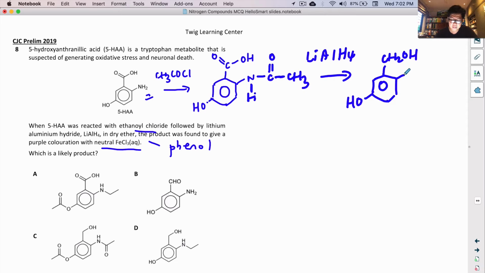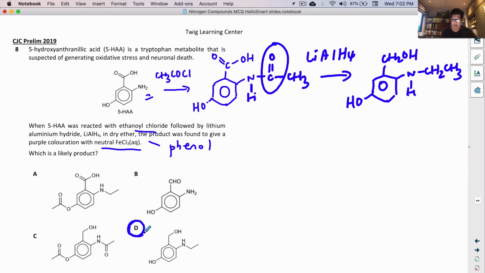And this amide will become an amine, so it will look like that. If you remember, this C double bond O will become CH2, and so CH3. So this is what it should look like. So where's the answer? It looks like it's going to be D. So this is the answer key, D.